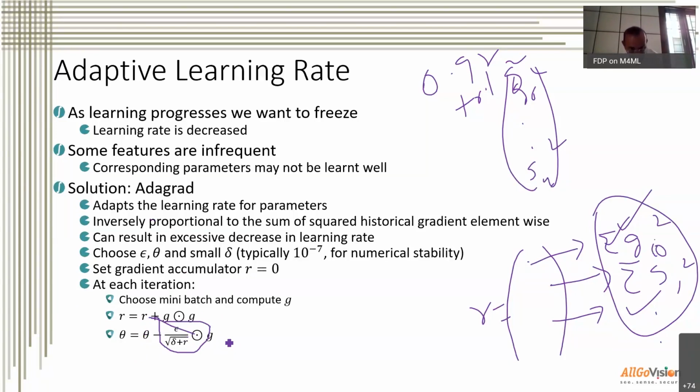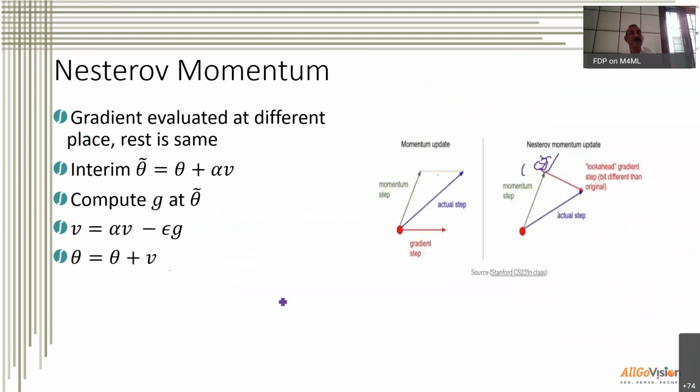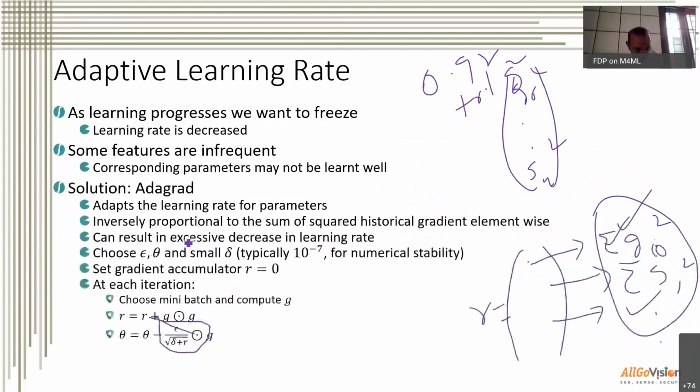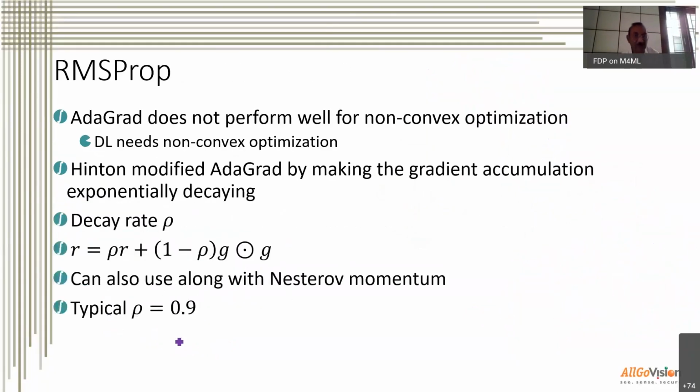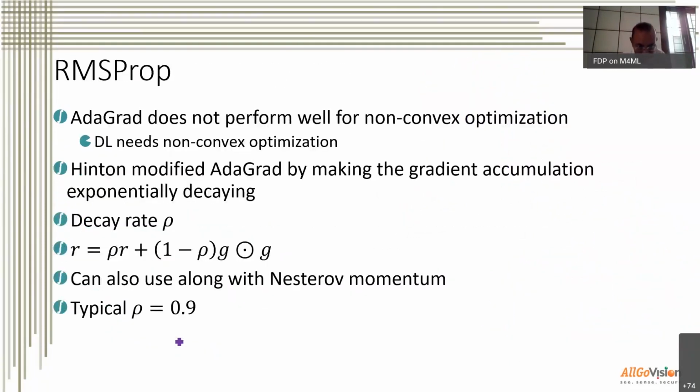I can use this along with normal momentum, and also with Nesterov momentum. I'll not get into details, but instead of using epsilon G, if you use this way of using G, that's the only modification required. So both AdaGrad and RMSprop can be modified to use momentum.